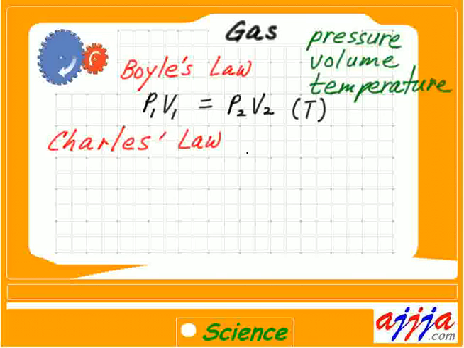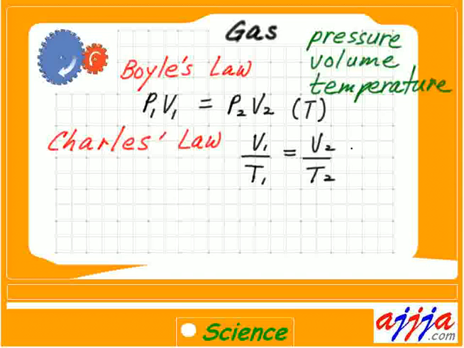Charles' law is like this: V over T. V1 over T1 equals V2 over T2, at constant pressure. As long as we have the same pressure, we have this one. That's Charles' law.